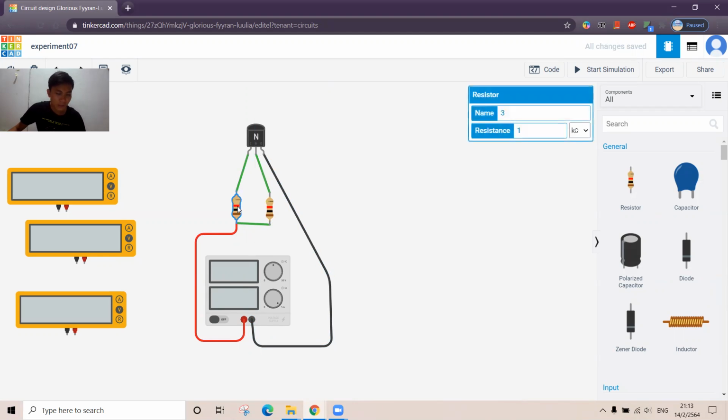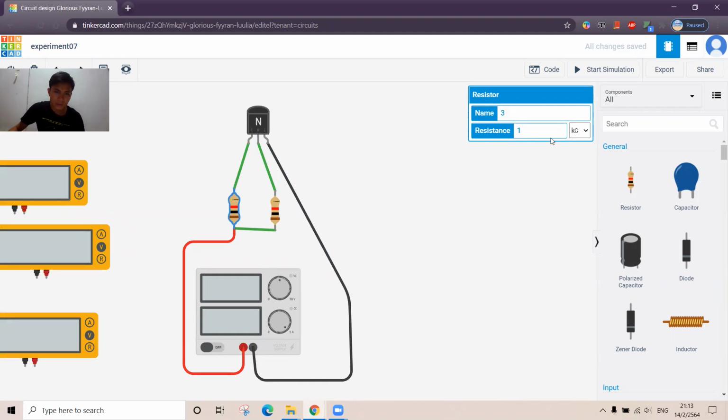This is set to be RC. RB is 2.2 megaohms.